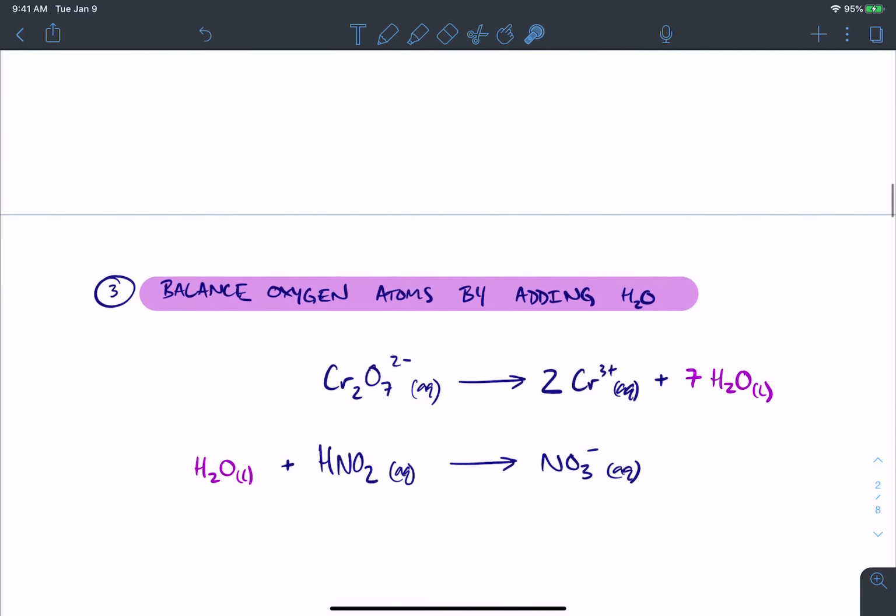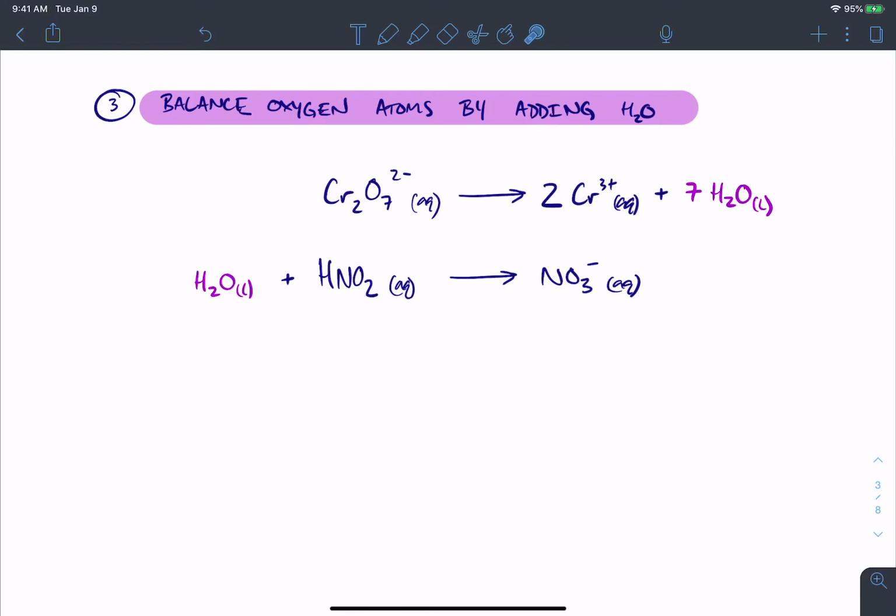The next step is to balance oxygen atoms by adding water. You have to remember that this reaction is taking place inside acidic media, and that's an aqueous solution. So we have lots and lots of water, and it turns out that this reaction actually uses that water as a product and reactant for these half reactions.